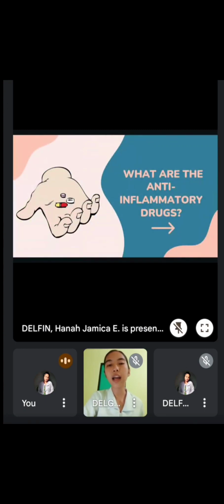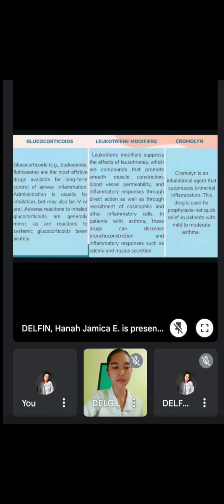What are the anti-inflammatory drugs? First, the glucocorticoids. For example, budesonide and fluticasone are the most effective drugs available for long-term control of airway inflammation.